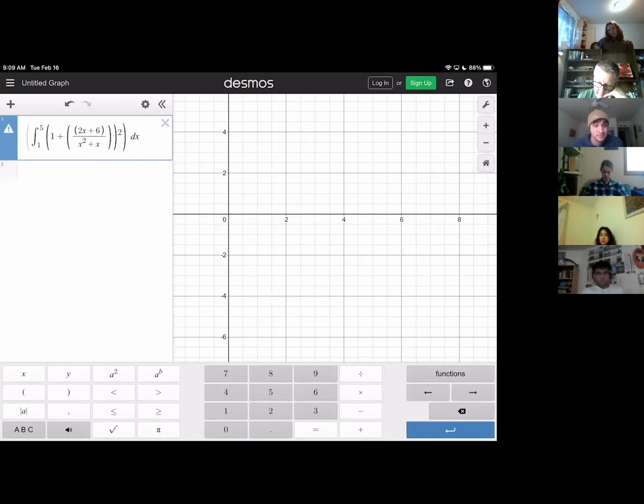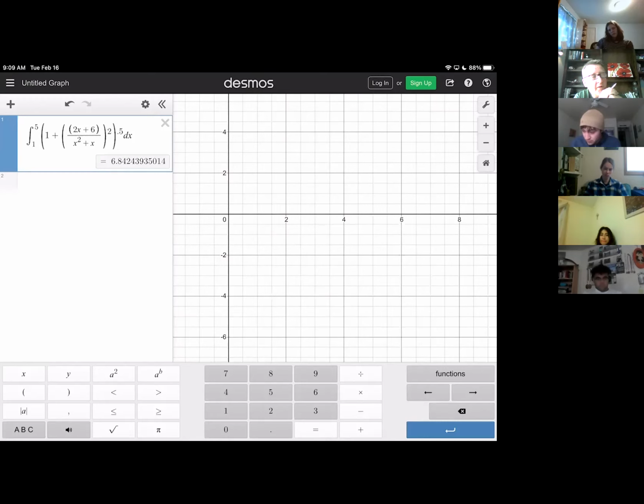This is a very circuitous way of typing it, but is that right now? I think it's right now. So rather than type square root, I just said all that junk to the 1/2 power. You okay with that?